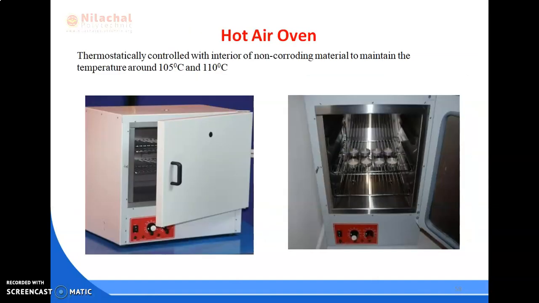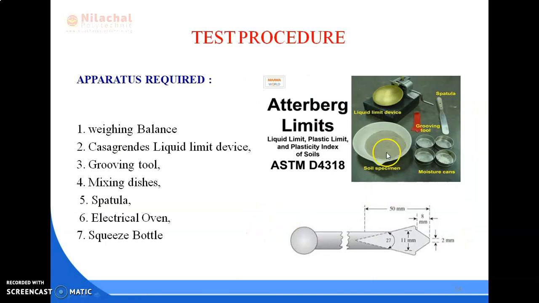Particularly, this Casagrande's apparatus consists of a hard rubber base of hardness 21 to 25, over which a brass cup drops through a desired height.